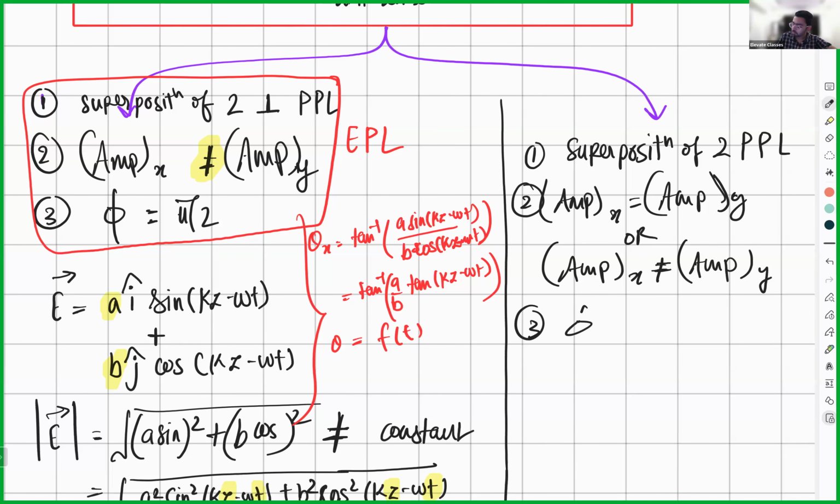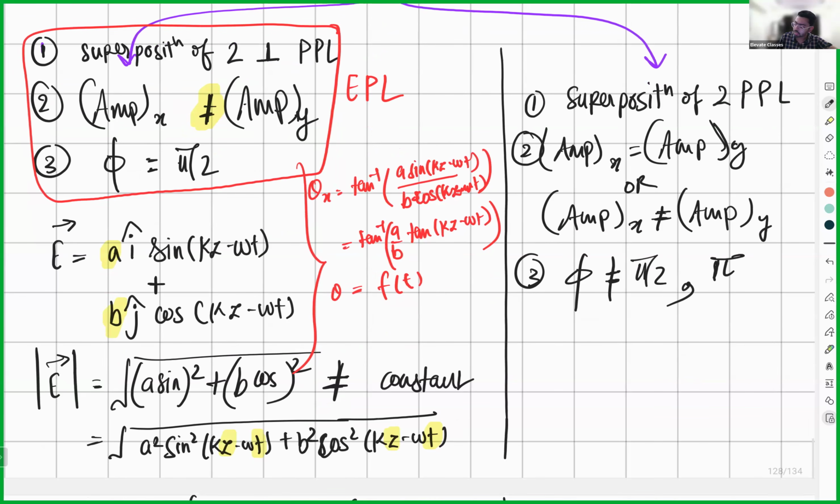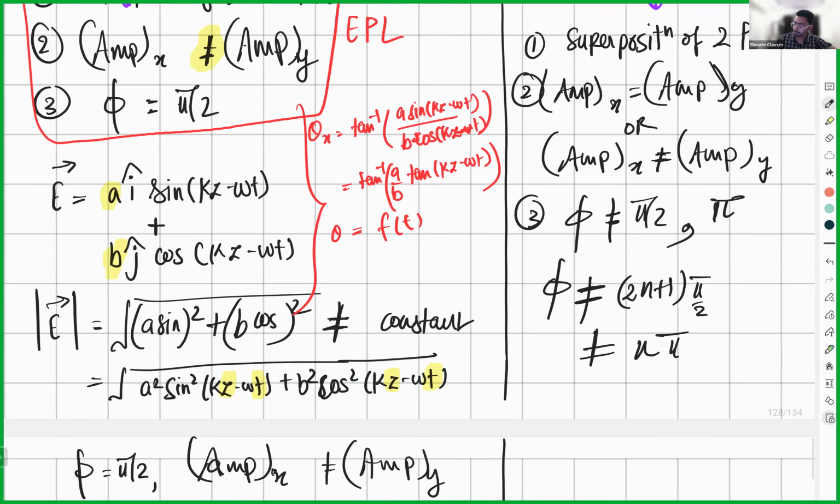Third, phi is neither equal to pi by 2 nor equal to pi. So the general expression, we can write it like this: phi is not equal to odd multiple of pi by 2, nor is it equal to any multiple of pi.